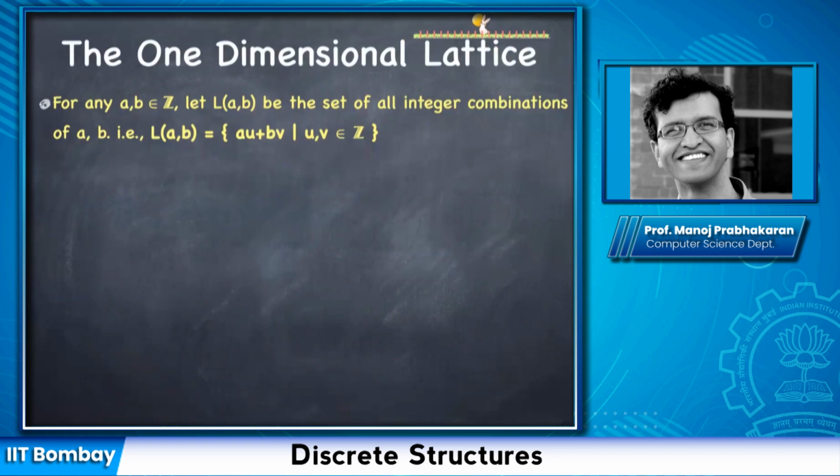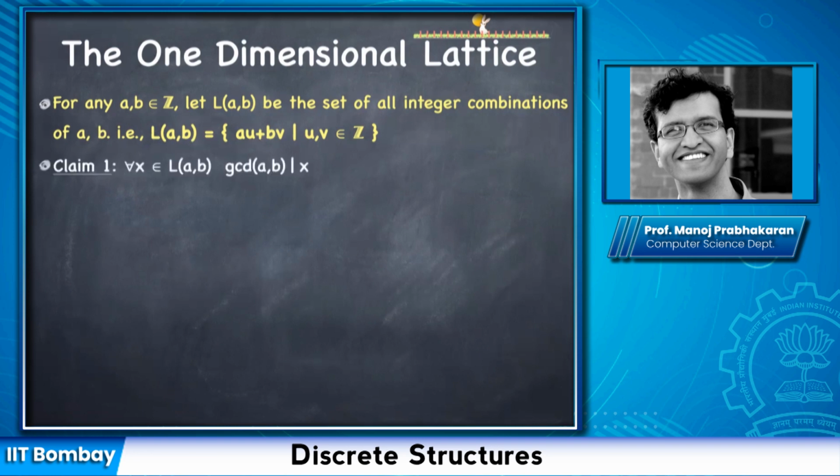I'm going to call it a lattice, or a one-dimensional lattice. It's a general term for a set of points you can write as integer combinations of, more generally, vectors in some higher dimensional space, but for us it's a one-dimensional space. So the a and b themselves are just integers for us.